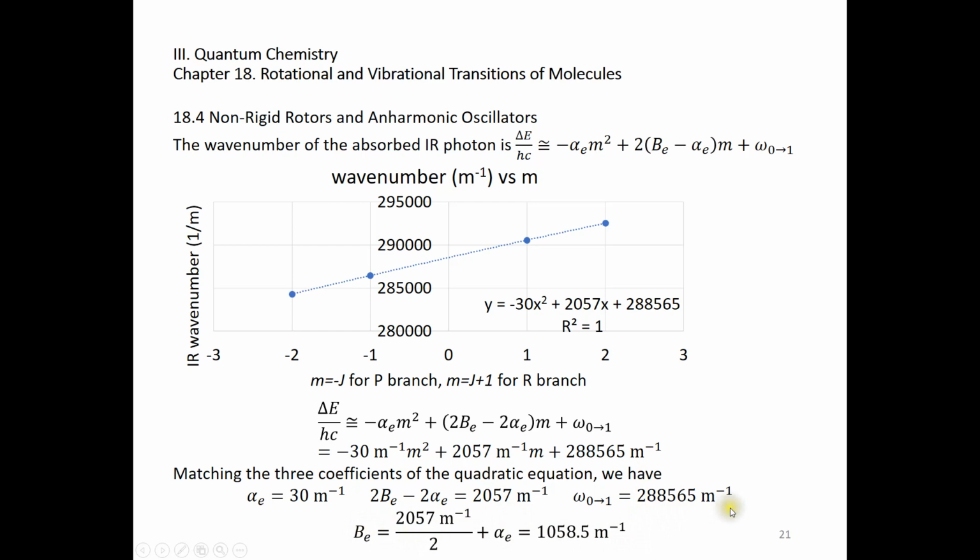And over here we have the wave number for the pure vibrational transition. Given this number, we can determine the difference between the depth of the potential energy well and the bonding energy for a diatomic molecule, which is just 1/2 times h times c times this number.